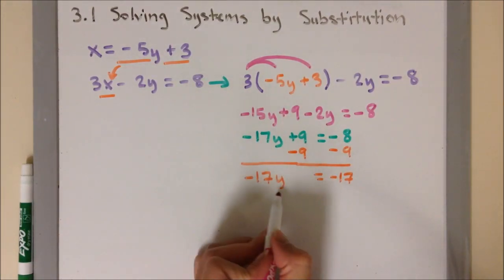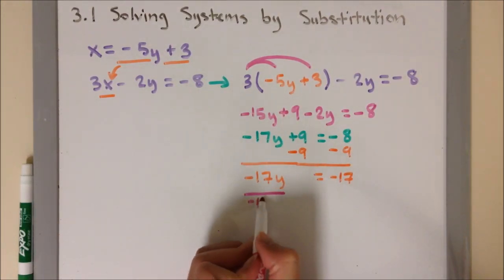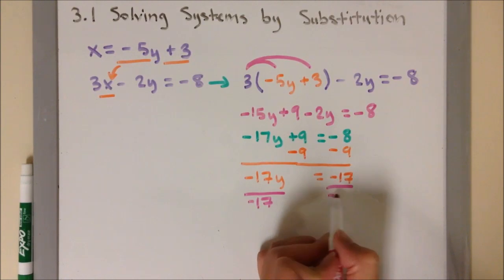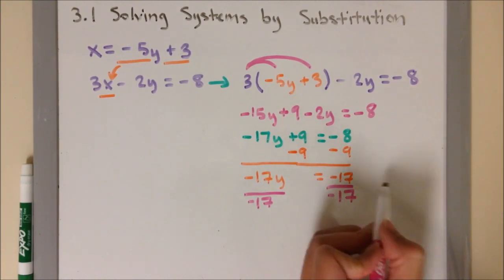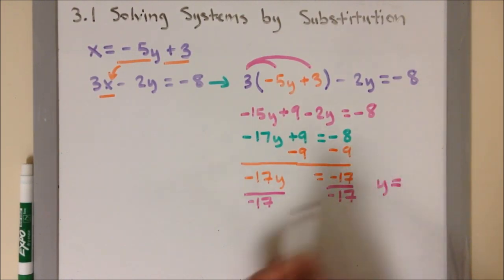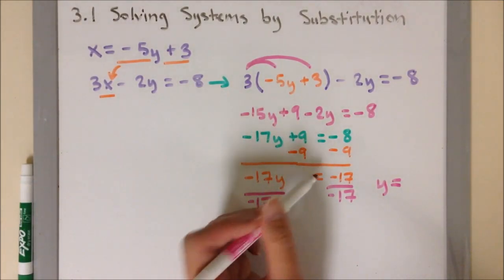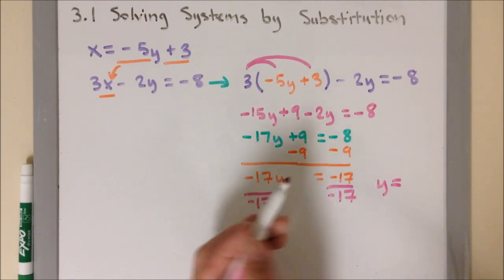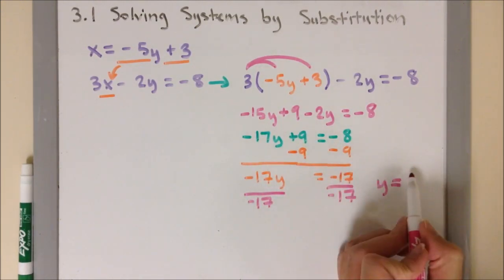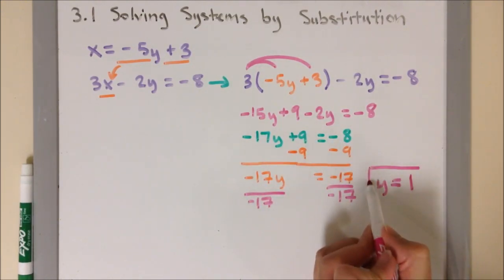To get y by itself, I'm dividing by negative 17 on the left and on the right. Negative 17 divided by negative 17 leaves y equals positive 1. So this is our first solution.